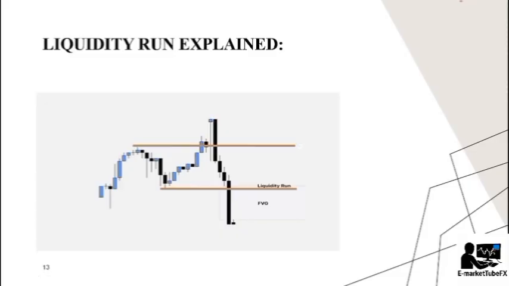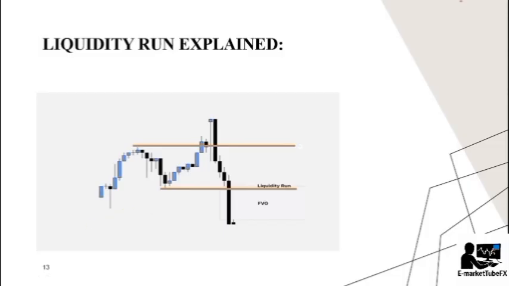When the liquidity run is on the rise, if price keeps selling in the bearish move, all stop losses on its way are cleared. At this zone, stop losses are cleared. At this point too, stop losses at this zone are also cleared.